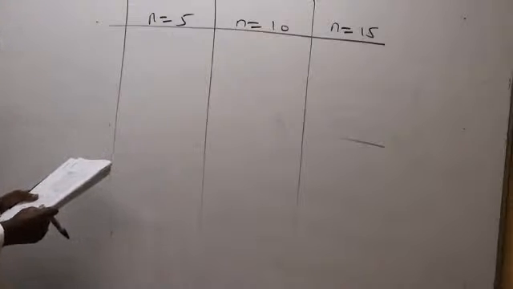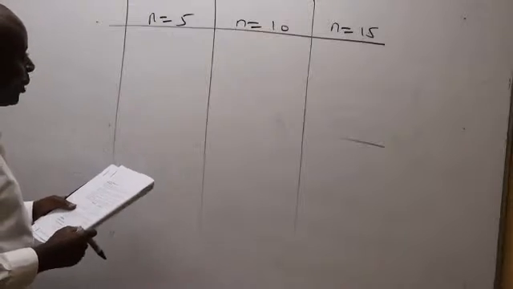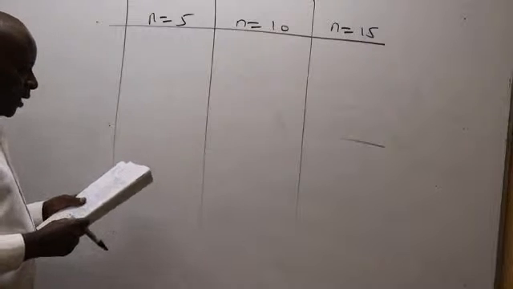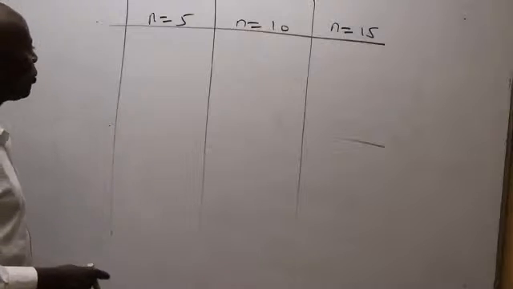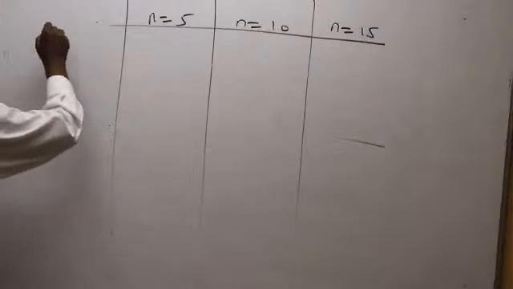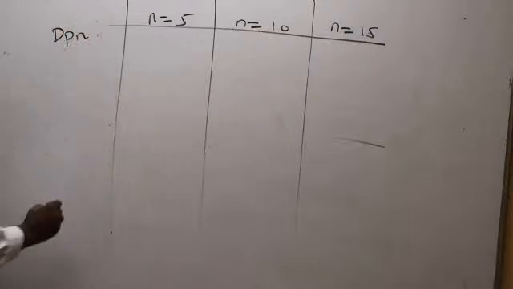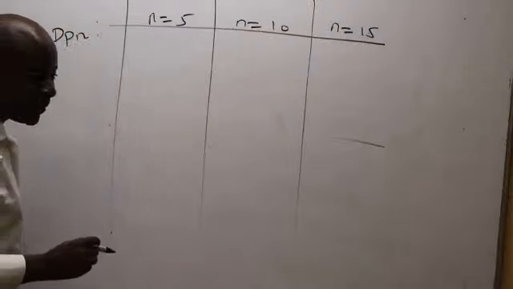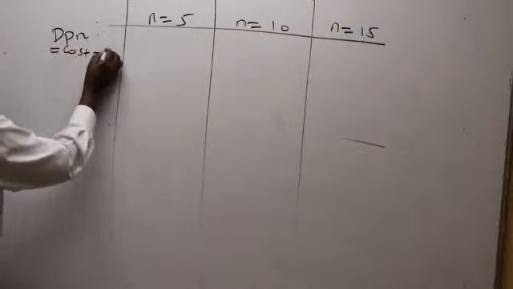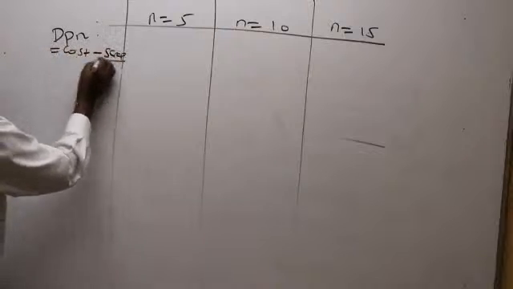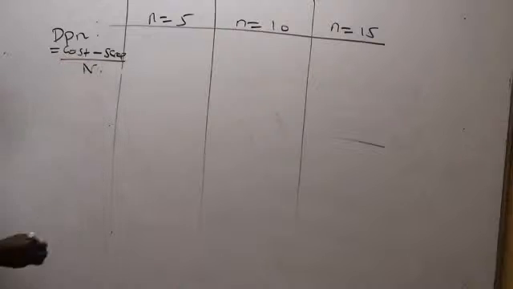So, ladies and gentlemen, the first thing that I would want to do here is quite a childish one. Depending on the number of years we have as the useful life, I would want to get depreciation for each scenario. Remember depreciation, we normally take cost minus scrap over number of years.